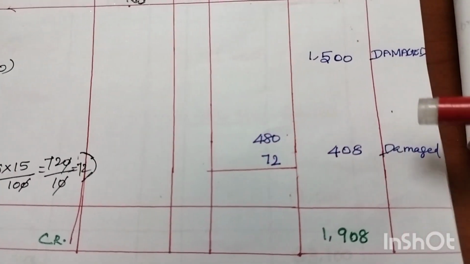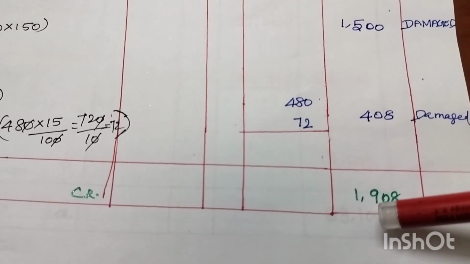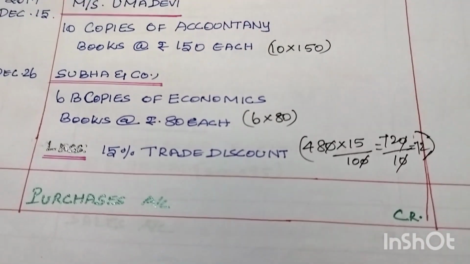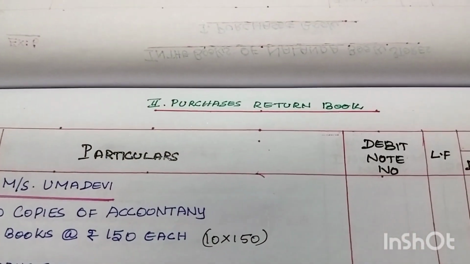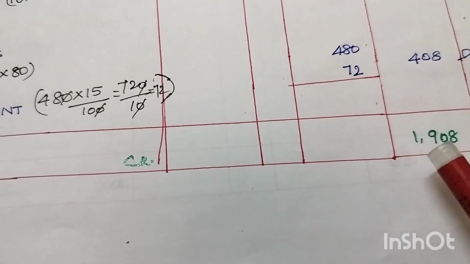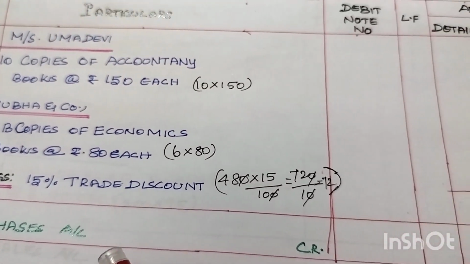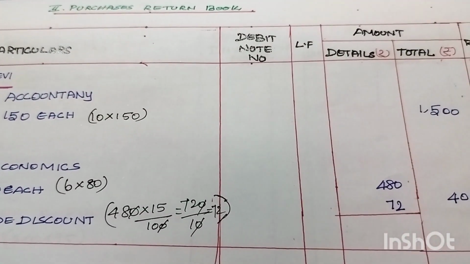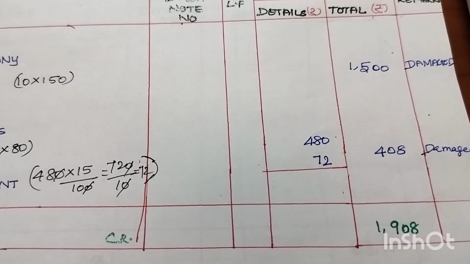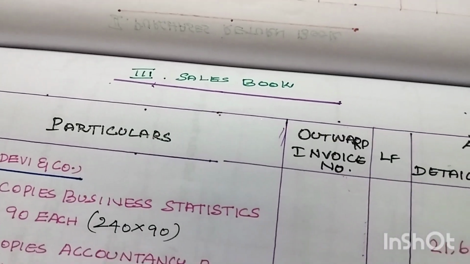So for that, 1500 plus 408, you will get 1908. So what you have to write here on purchases return book total is 1908. So you have to write purchases return account debtor rupees 1908 rupees.